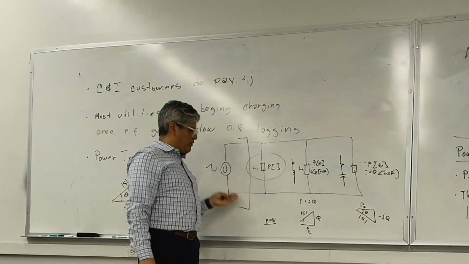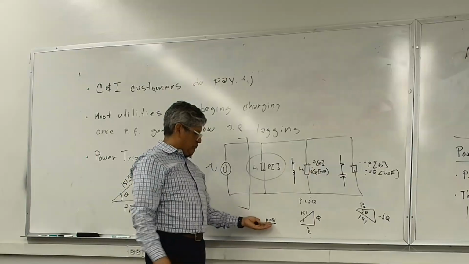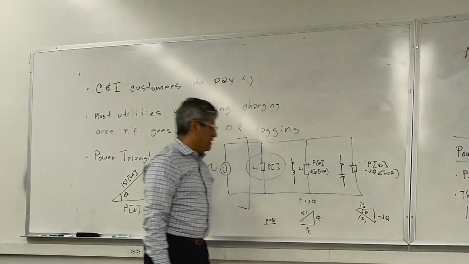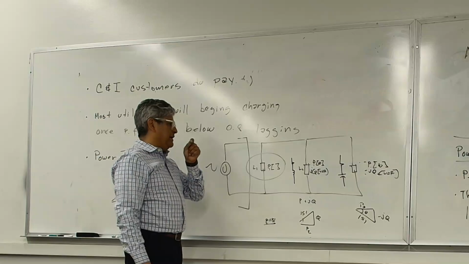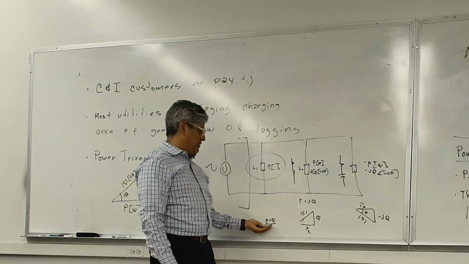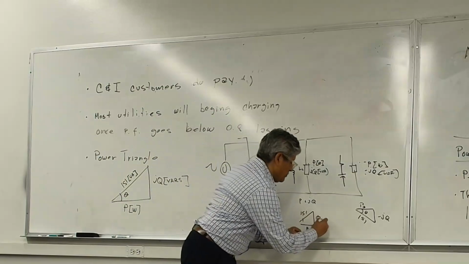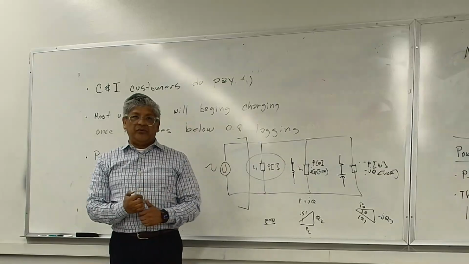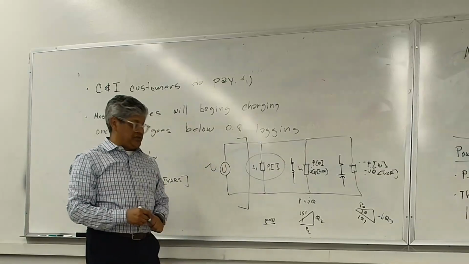So what is the total power consumed by these 3 loads? P1 plus P2 plus P3. What is the imaginary power consumed by this load? 0, Q2, and Q3. That's the total reactive power seen by the source.